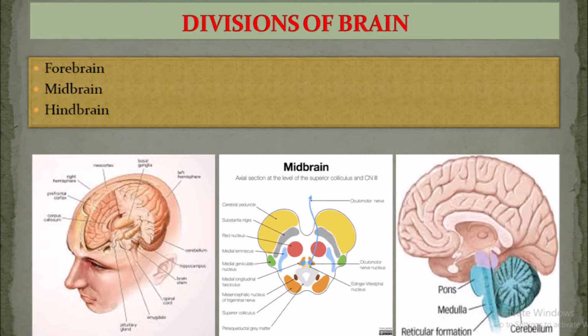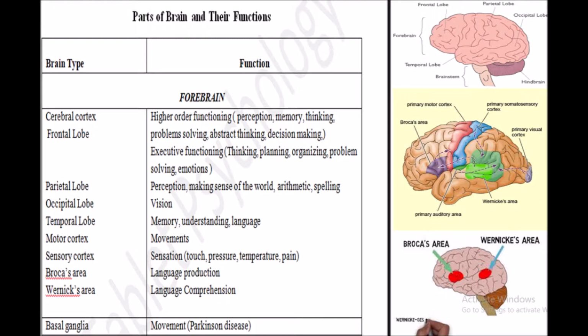We will further divide all these parts into subgroups, subdivisions, which we will discuss one by one in detail later on. First will be the forebrain. You can divide the forebrain into many other major parts, subdivisions.